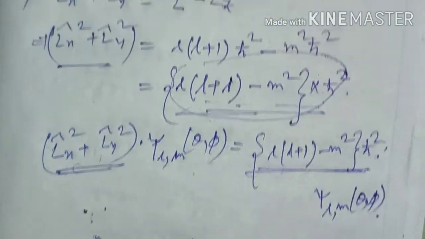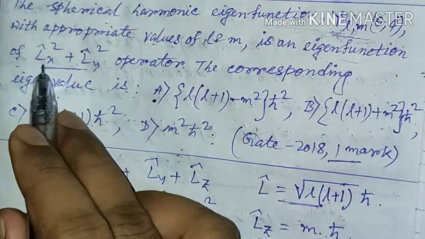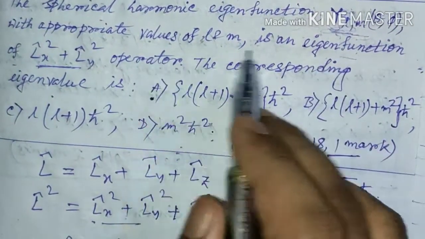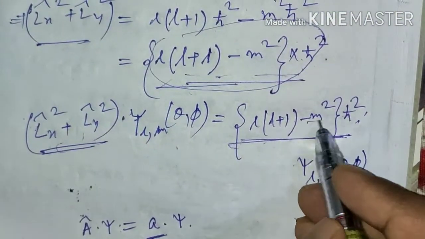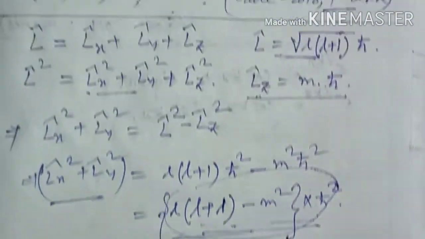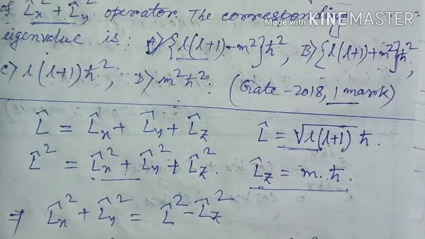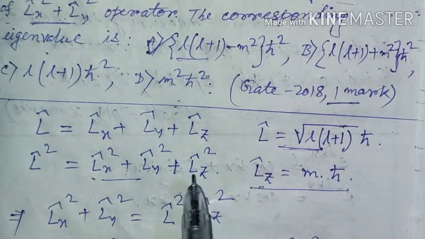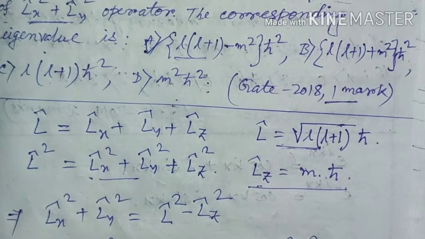That means the eigenvalue for operating this operator on the spherical harmonic eigenfunction is L into L plus 1 minus m square into h cross square. That is option number A is the correct answer. We have to know this quantum mechanical equation, and if we know this equation then we can easily solve this question.